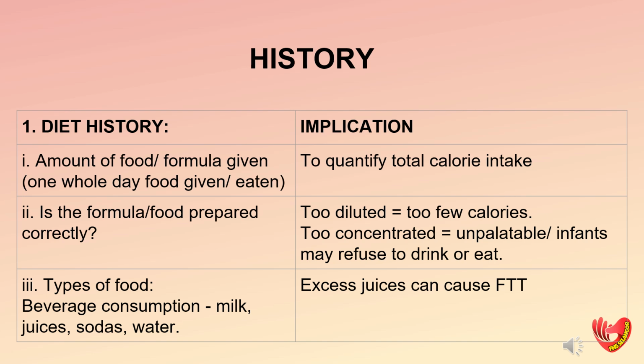This is to quantify the total calorie intake of the child. Ask if the formula or food is prepared correctly. A too diluted formula may provide too few calories for the child, whereas a too concentrated formula may be unpalatable and the infant may refuse to eat or drink. Thirdly, ask about the type of food given to the child, especially beverages such as milk, juices, soda, and water. Excessive juices can cause failure to thrive.